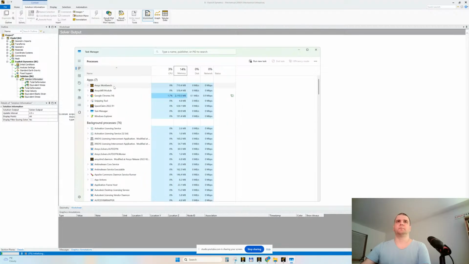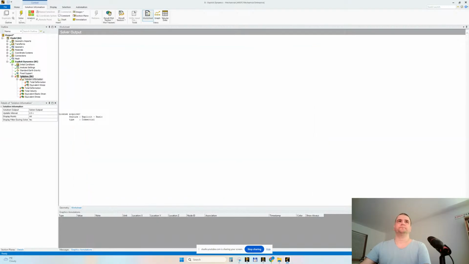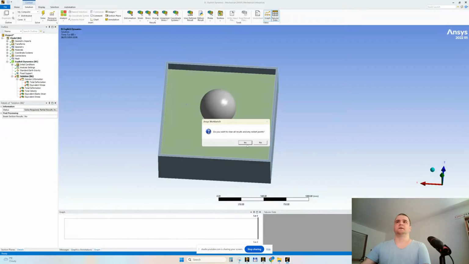Let's arrange by name here. Autodyne, ANSYS solver, and end task. And we killed the solving process. Or let's also end this one. Clear generated data, yes, and solve again.